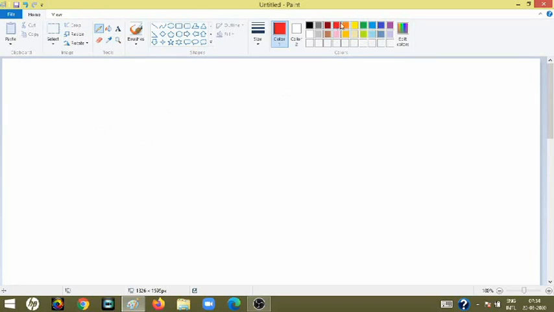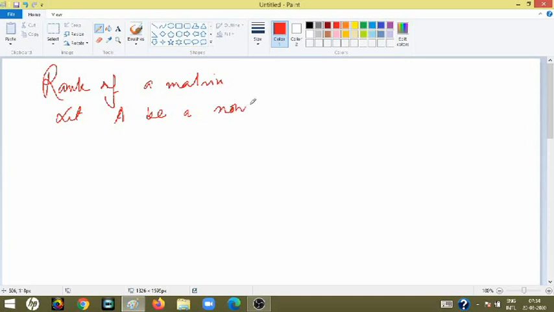Now one important feature, which is the rank of a matrix. Let A be a non-zero matrix of order m cross n.